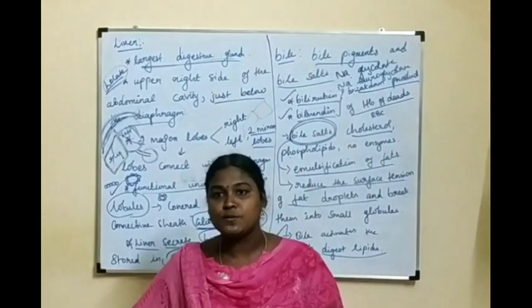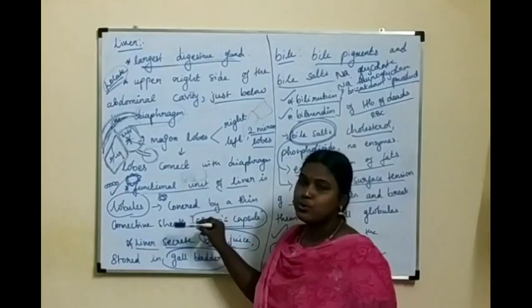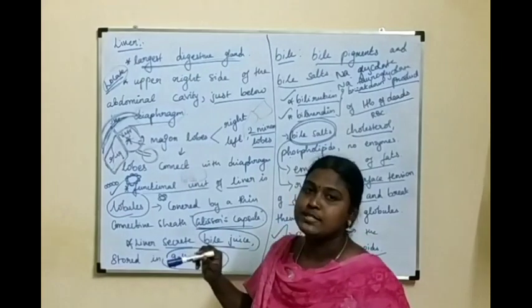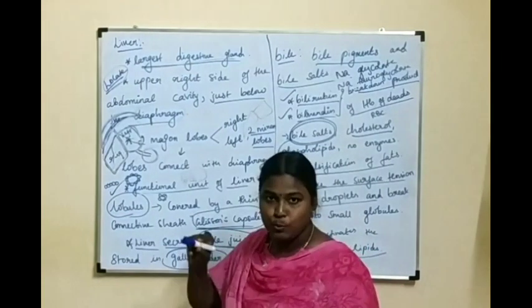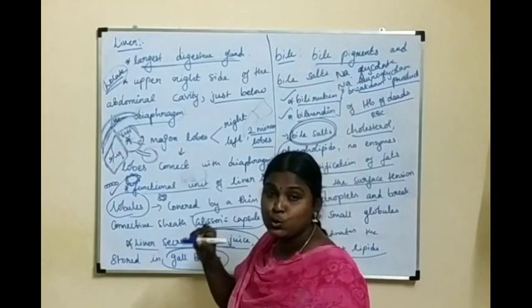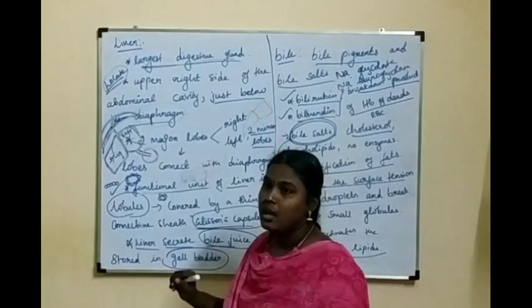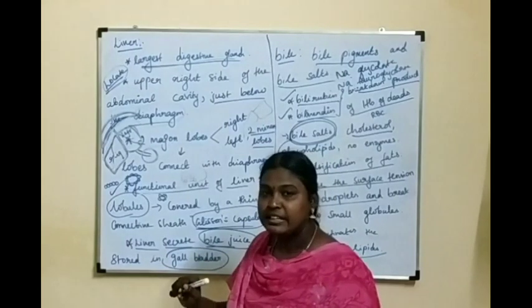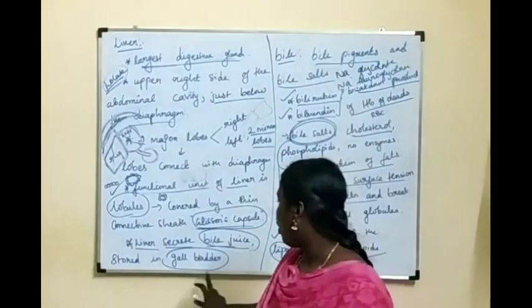These lobes are attached to the diaphragm. What is the functional unit of the liver? It's the lobules. These lobules are covered with a connective sheath called the Glisson's capsule. What does liver secrete? Liver secretes bile juice, which is stored in the gallbladder.